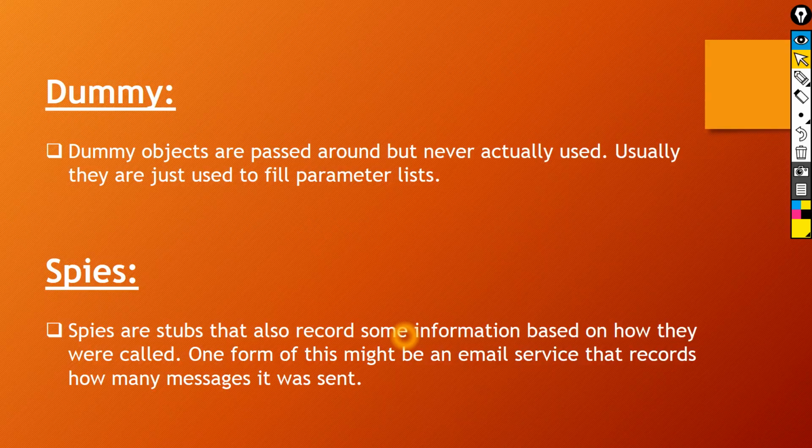It is not actual, but it will be used only for passing the parameter from one method to another method, or from one class constructor to another class constructor. So these are dummy objects, you can say.